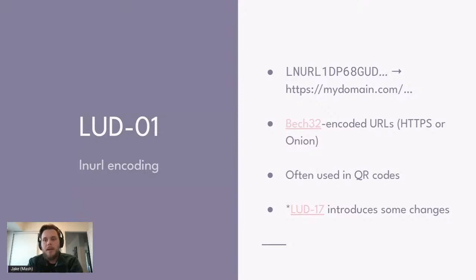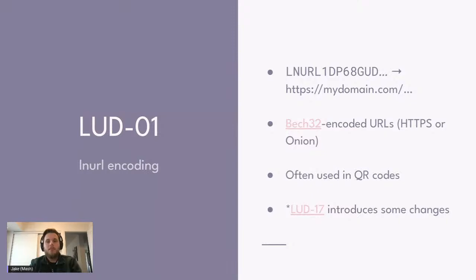The first one that's important is LUD1, which specifies how URLs that are used in the world of LNURL are encoded. I have an example at the top there. It looks pretty similar to a Bolt 11 because it is Bech32 encoded, and there's a decoder that knows how to handle that, and it translates it to a URL.